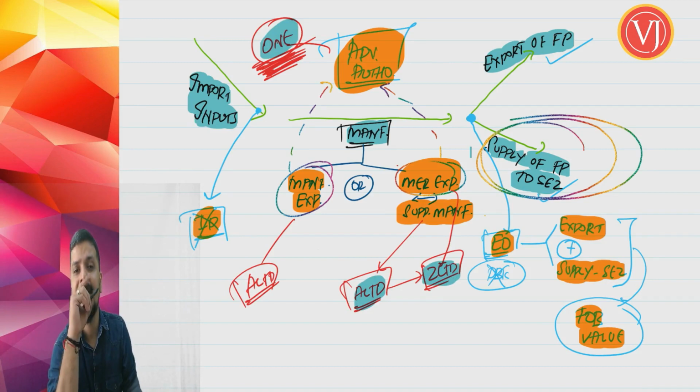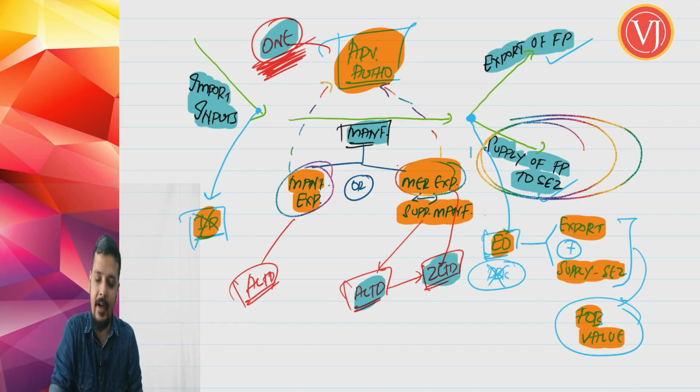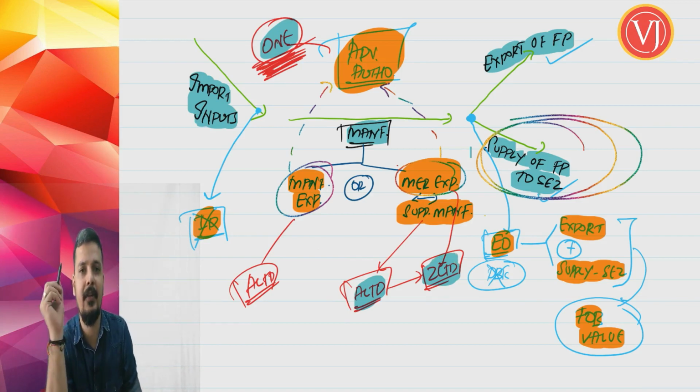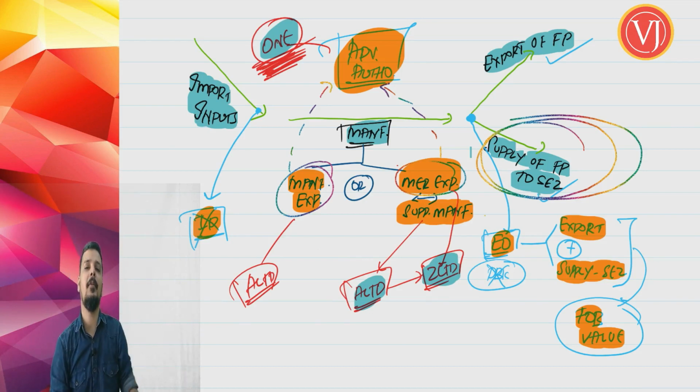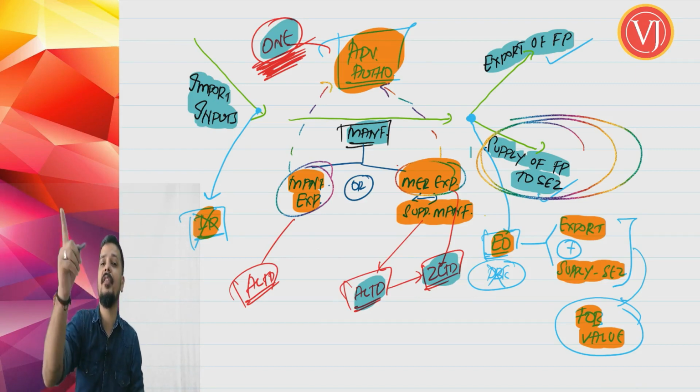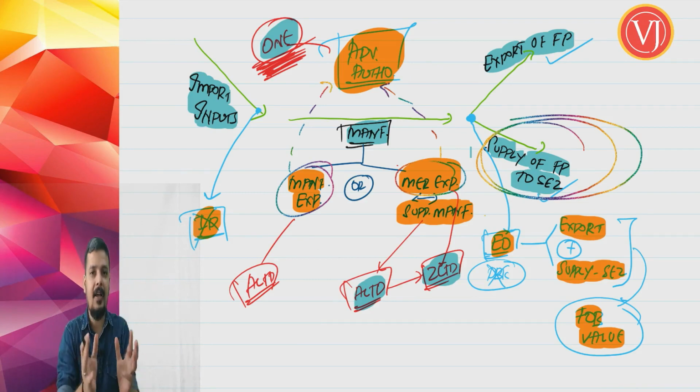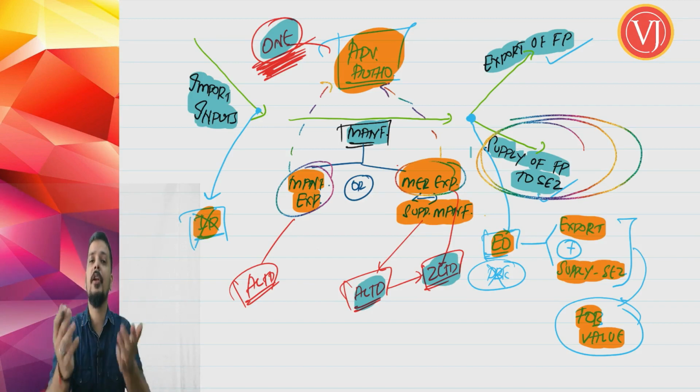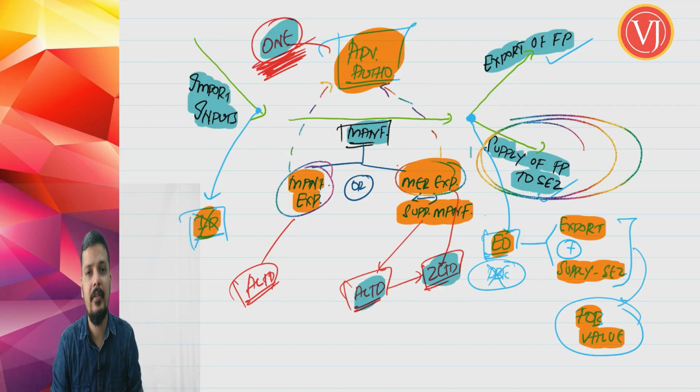Z Limited, the merchant exporter tied up with the supporting manufacturer, takes the advance authorization. This supporting manufacturer A Limited will import the inputs without paying import duty using the advance authorization of merchant exporter Z Limited, convert these inputs into final product, and sell it only and only to this merchant exporter who is going to export. So there is only one advance authorization.